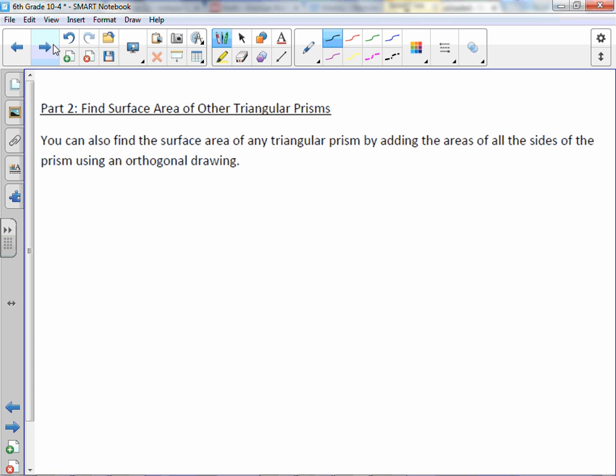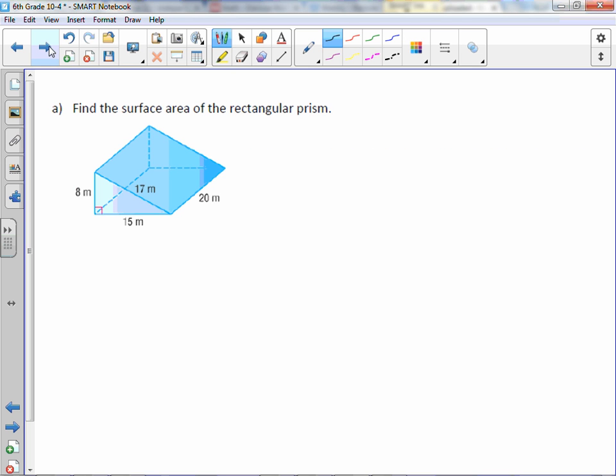Find the surface area of other triangular prisms. You can also find the surface area of any triangular prism by adding the areas of all the sides of the prism using an orthogonal drawing. So now our triangle doesn't have the same side lengths.